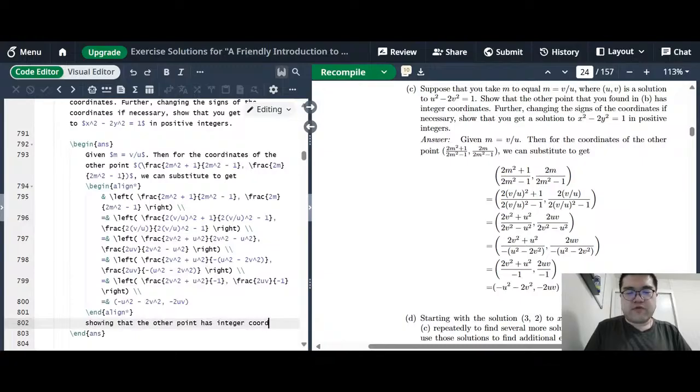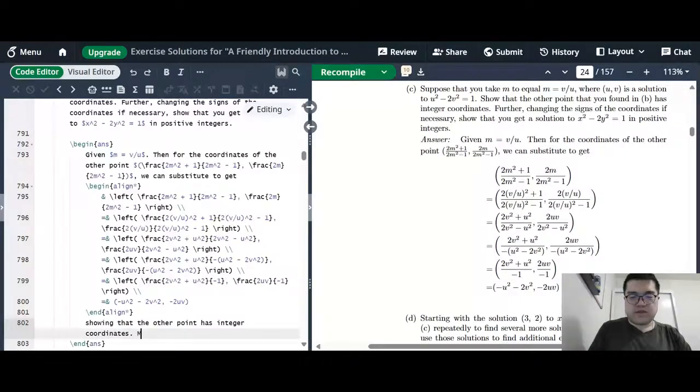Now, of course, for now, both coordinates of this point are negative, and this is why the second part of this question says further change the signs of the coordinates if necessary, so that we actually turn out both x and y positive, showing that you get the solution in positive.